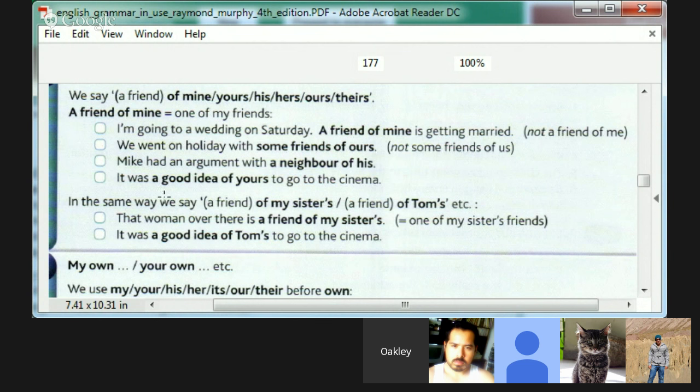In the same way, we can say a friend of my sister's. That woman over there is a friend of my sister's. Or one of my sister's friends. I could say it that way: that woman over there is one of my sister's friends. Either way, the idea is you're using a possessive here.